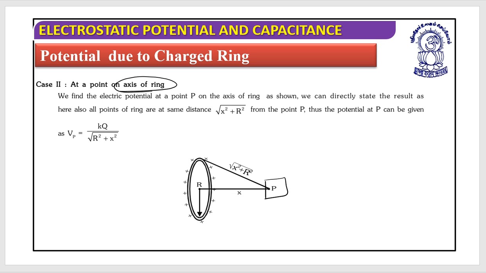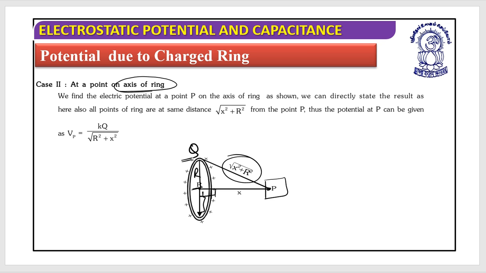So what can I do? I know that a charge Q is given and the ring has a radius of r. I need to find out the potential at this point. If I find the distance, you know it's Pythagoras: this is r, this is x, and the hypotenuse would be the square root of r square plus x square.